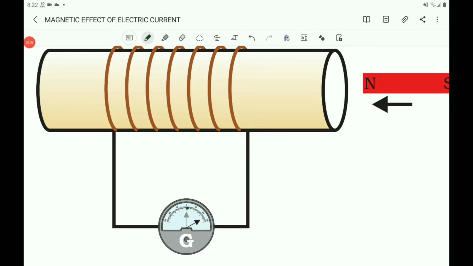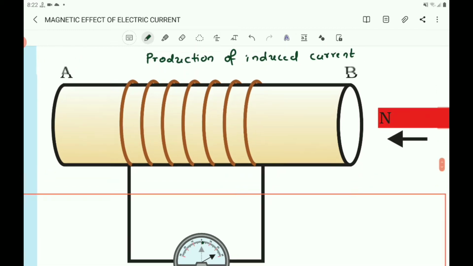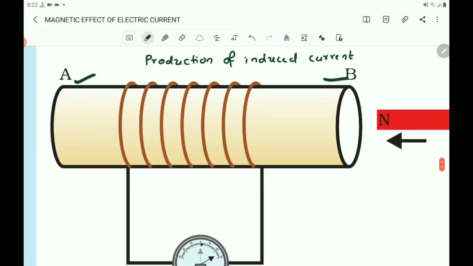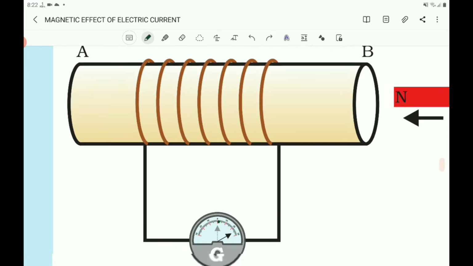Now let us perform the activity to show how the relative motion between the coil and a magnet induces a current. Here, observe the activity. Take a coil of wire AB having a large number of turns. Connect the ends of the coil to a galvanometer.